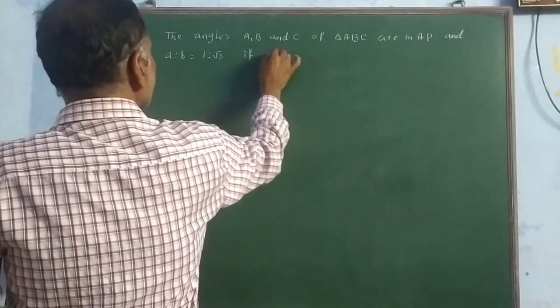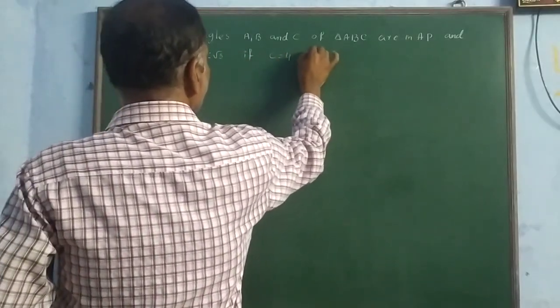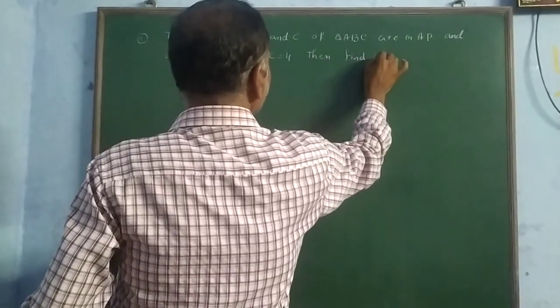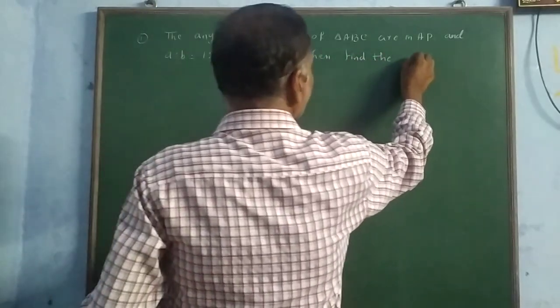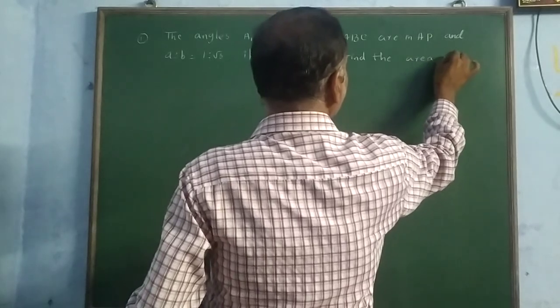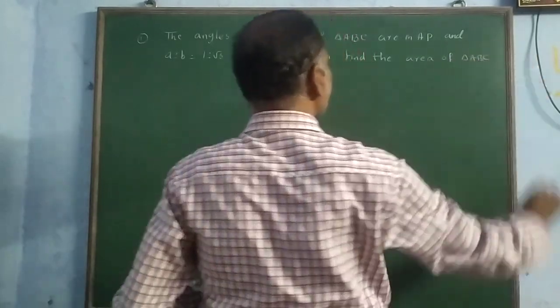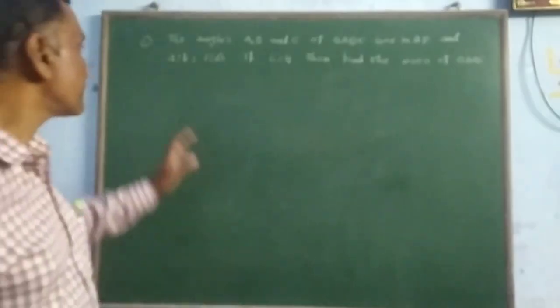If c equal to 4, then find the area of triangle ABC. This is the question.